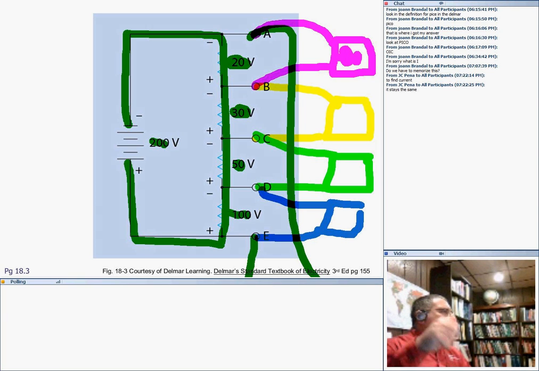A potentiometer is when you adjust these resistors to get different voltages. A good example of this, guys, would be speed control for a fan. You can reduce the voltage in a fan. Again, these are single-phase fans, not major three-phase induction motors. Single fans, you reduce the voltage on them.